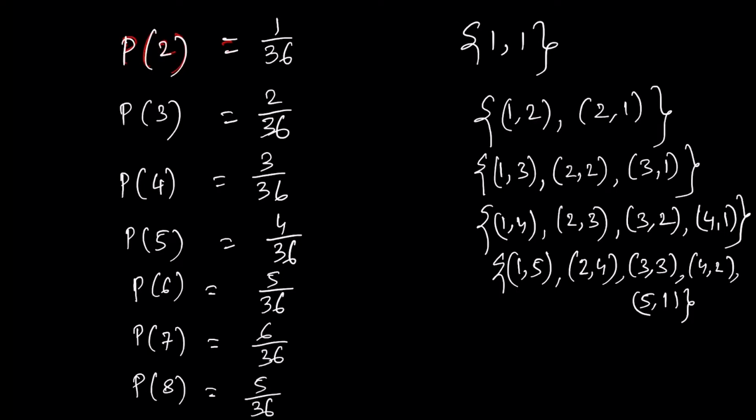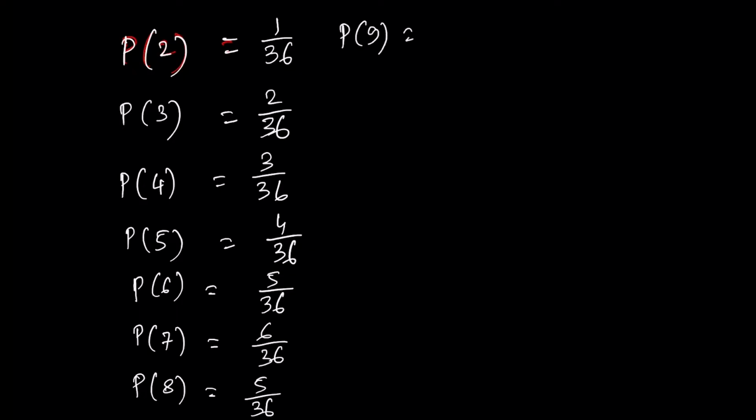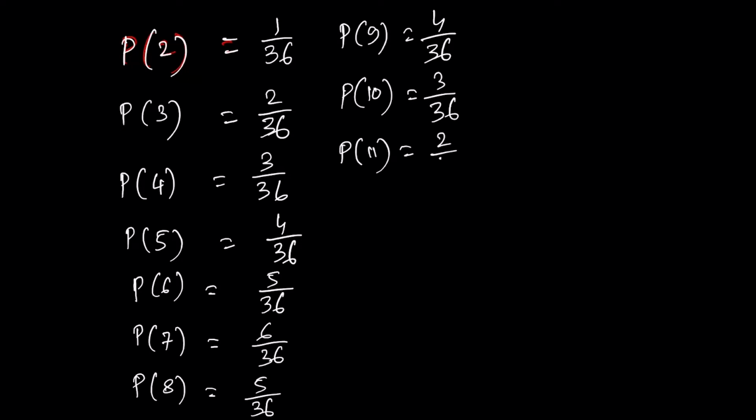This is 5 possibilities. I will just remove this side, and 9 will be 4, 10 will be 3, 11 will be 2, and 12 will be again only one way.